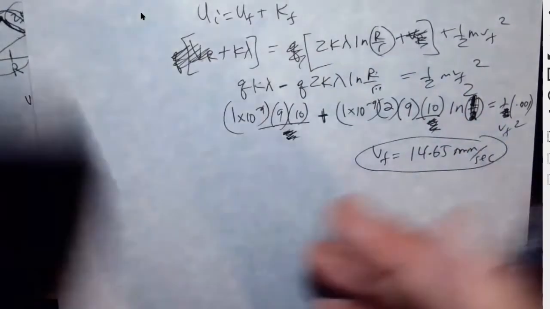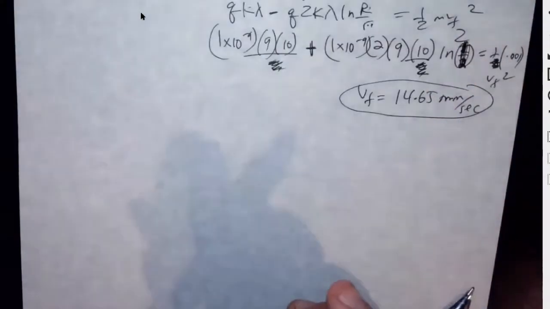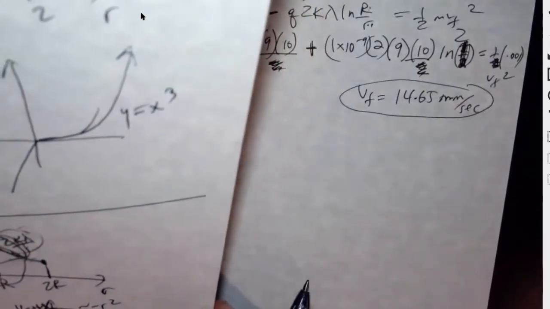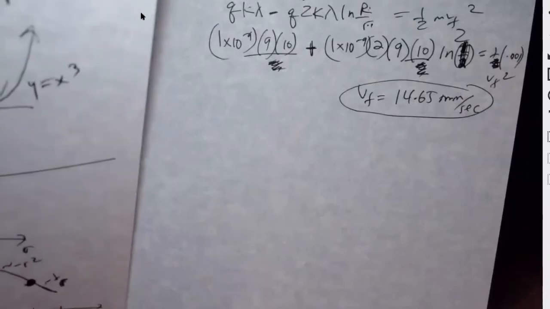Okay, let's see if that's similar. That should be similar to the velocity that the charge had when it was inside of a uniform sphere. Where was that? I think it was 13, if you remember. I can't find it now.